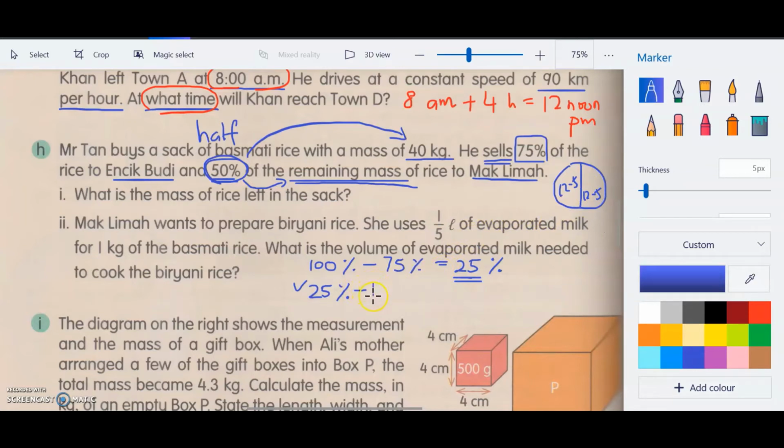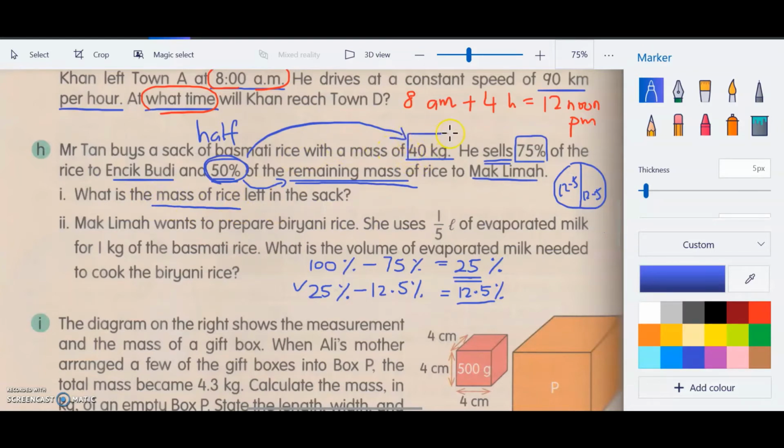So you minus another half of it, then the balance is 12.5%. Okay? So what is the mass of rice left after he sells it to 2 people?